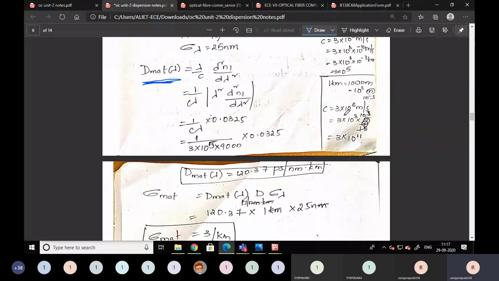Here 3 into 10 power 8 meters per second, but here we need kilometers per second.